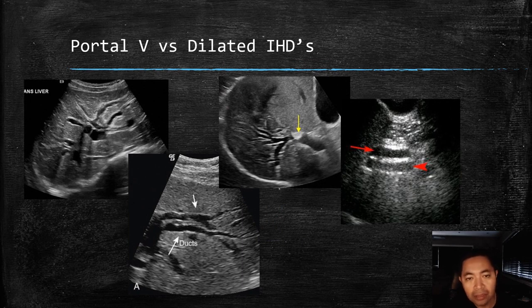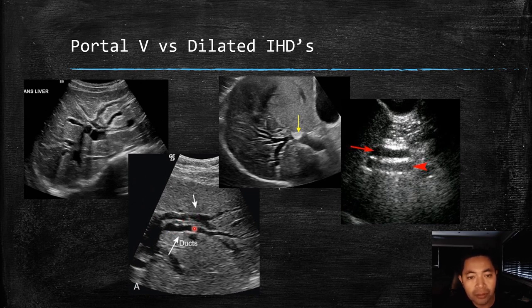Distinguishing dilated bile ducts from the portal venous system is a little bit more tricky. Here are some examples of dilated intrahepatic ducts. Now, both portal veins and IHDs have echogenic walls, and they run side by side each other.